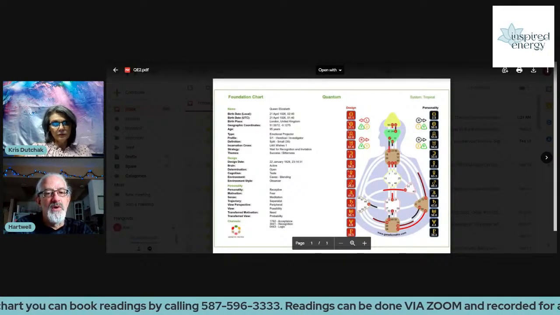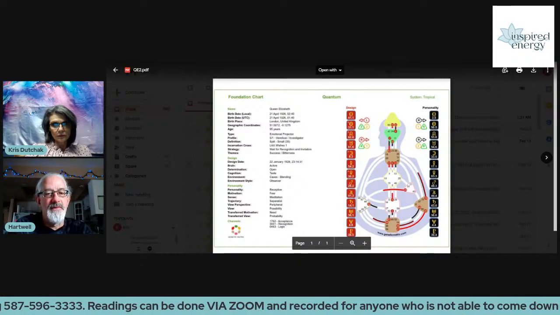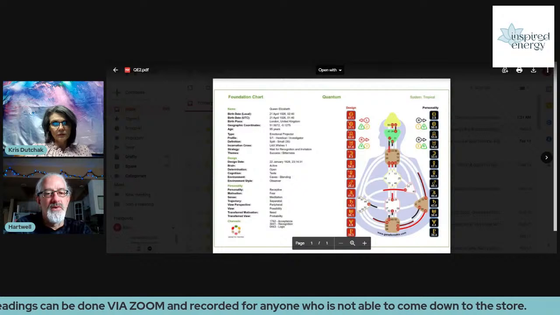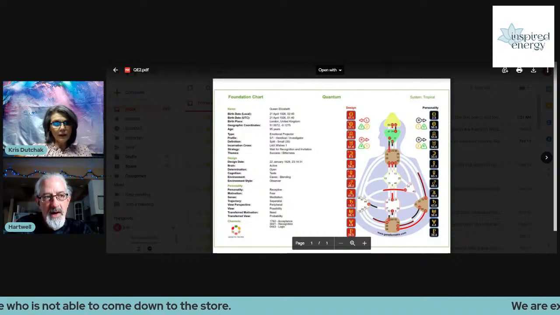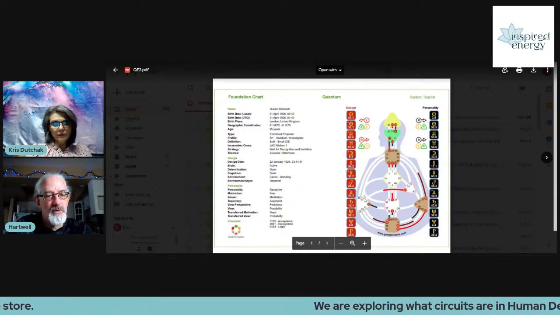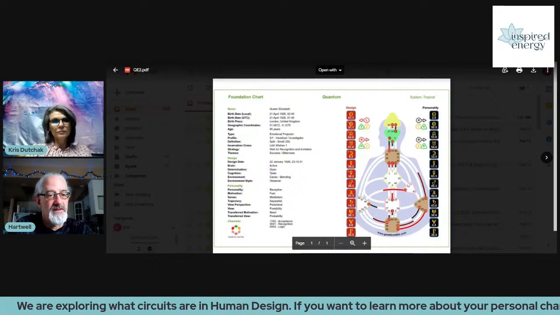So those outward channels, the ones on the outer border of the body graph, are the collective channels. And there's two subgroups there. One is called the logical circuit group, and the other one is called the abstract or experiential sensing circuit.